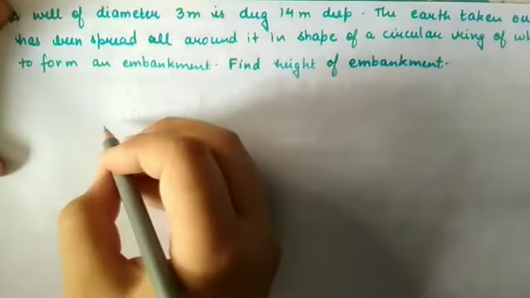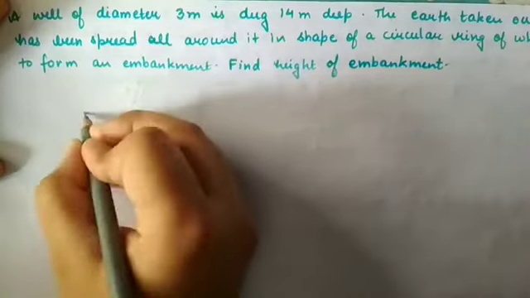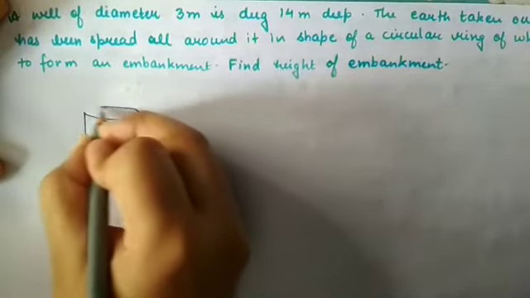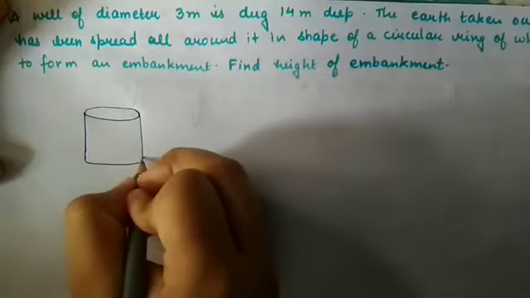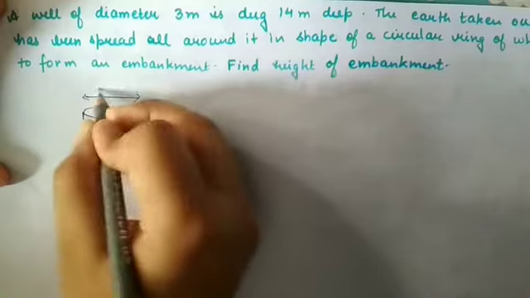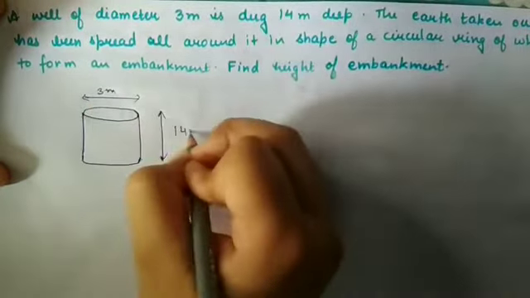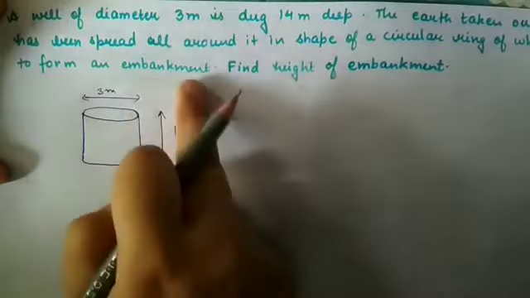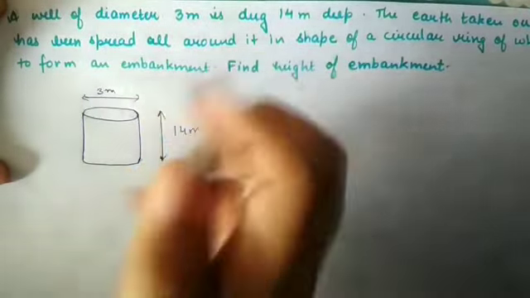So what they mean is a well was dug. A well is in the shape of a cylinder. Now they are saying that the well has a diameter of 3 meters and height of 14 meter. The earth that is taken out has been spread around it in the shape of a circular ring.